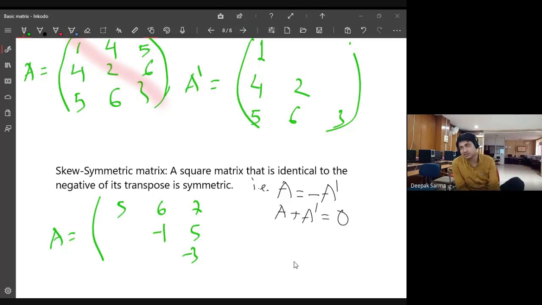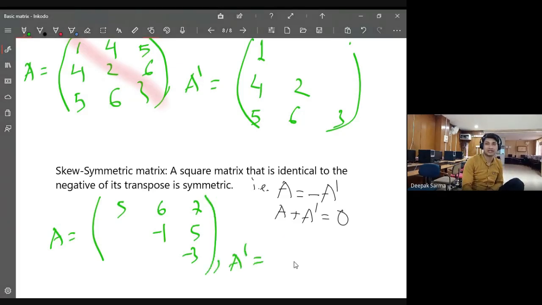Can this be a skew-symmetric matrix? Can you choose the other entries so that the matrix becomes skew-symmetric? What is A transpose? The first row, if I write 5, 6, 7, will become the first column, 5, 6, 7.